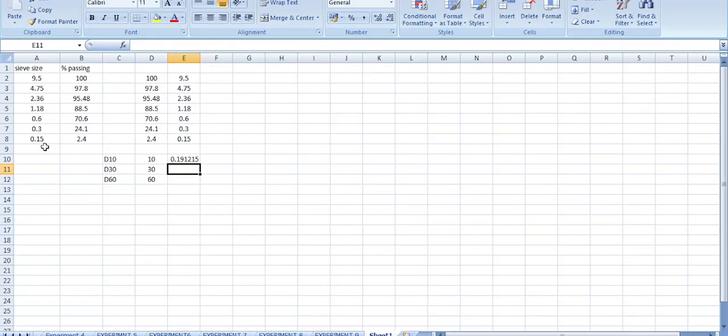Remember, that's what we're looking for. We already have the values for D10, D30 and D60. The D10 will fall within 0.15 and 0.13, and you can see that the value is 0.19. So it falls within these two values, so we are correct.